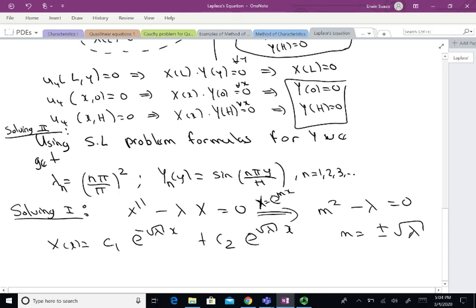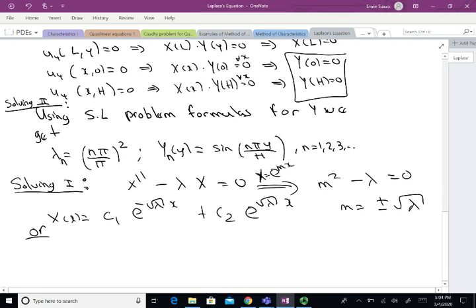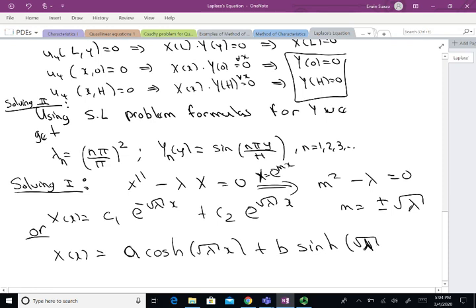Or, as an alternative, you can write x of x equals another constant a times cosine hyperbolic of square root of lambda x plus b sine hyperbolic of square root of lambda x.